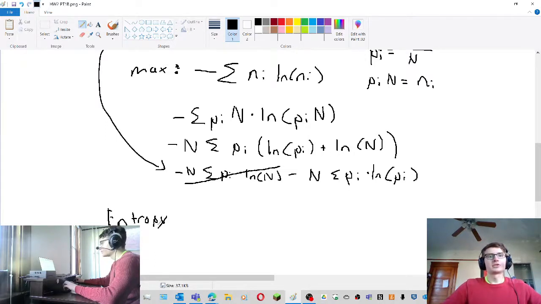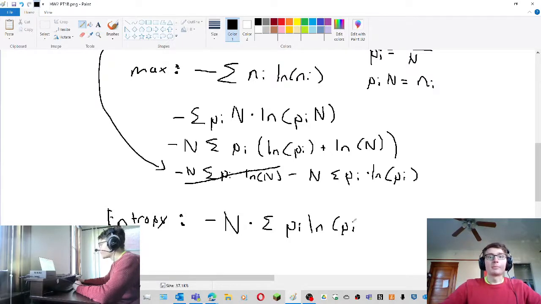My function for entropy is just going to be negative total number of students times the summation of the probability of a student having a particular grade times the natural log of that same probability.